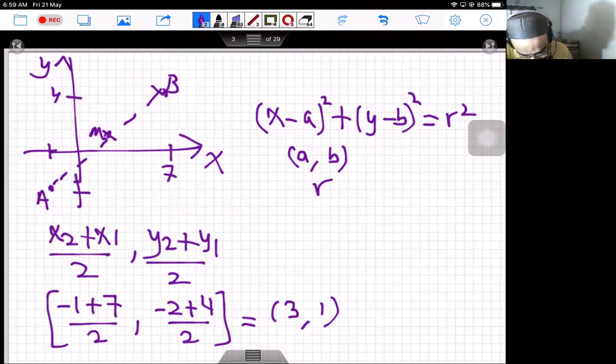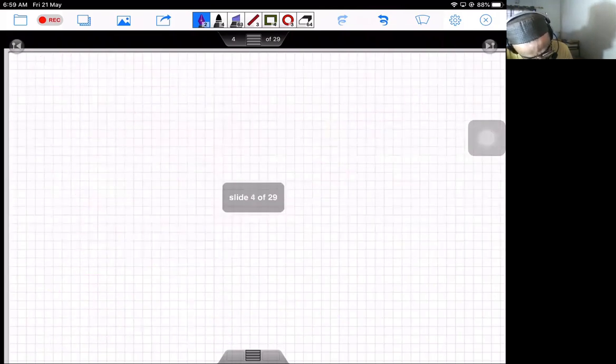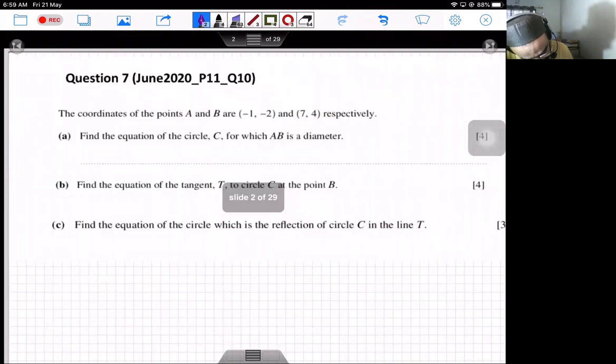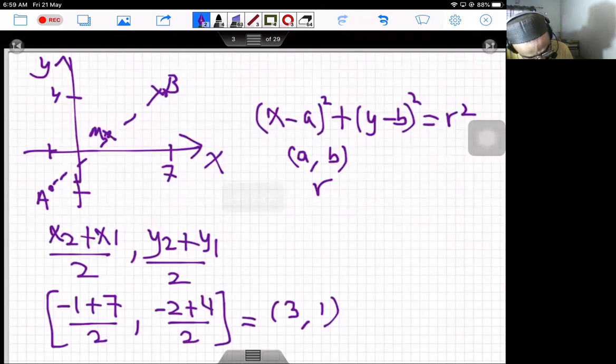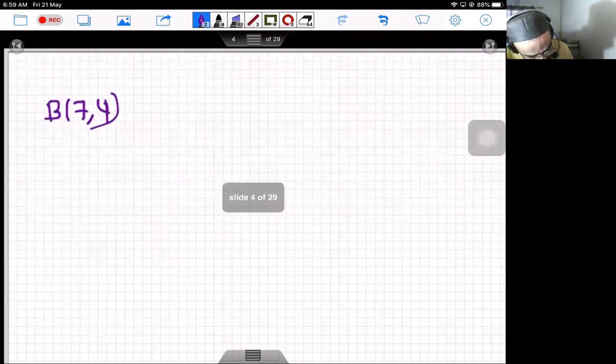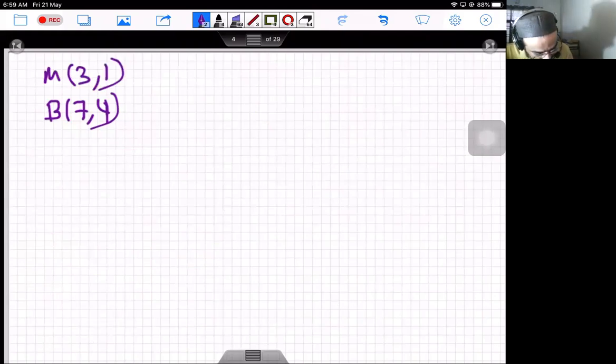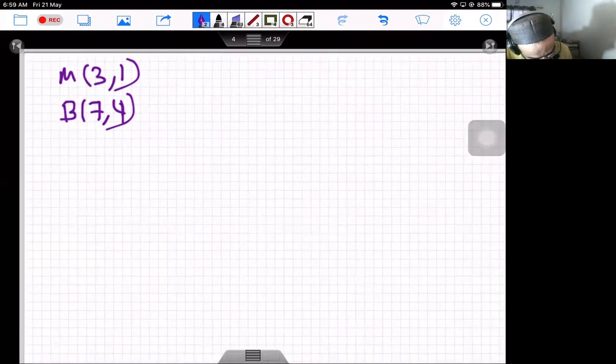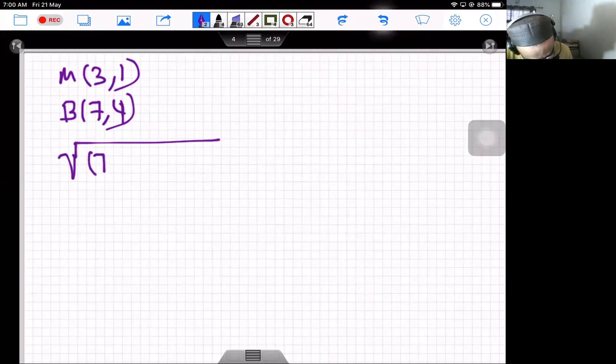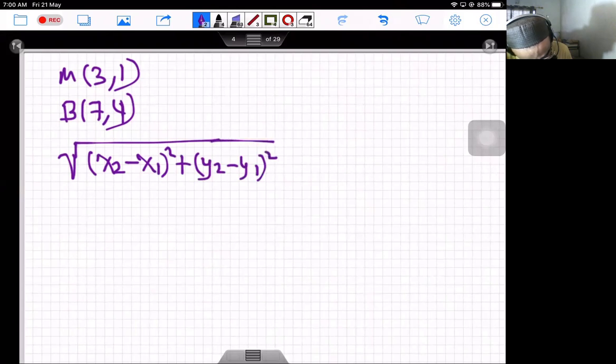So the point B is 7 comma 4, and let's say the center of the circle is point M, which is 3 comma 1. This MB length will be the radius of the circle. So the formula: square root of (x2 minus x1) whole squared plus (y2 minus y1) whole squared.